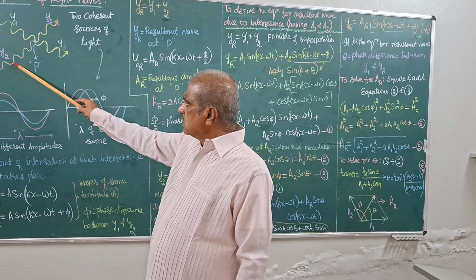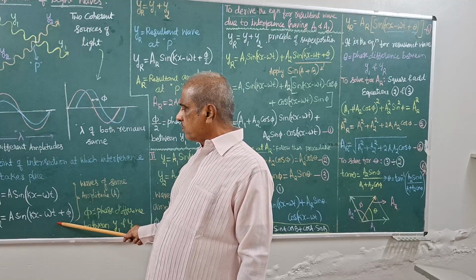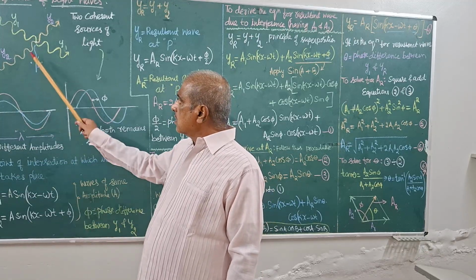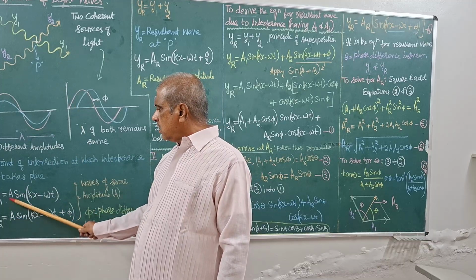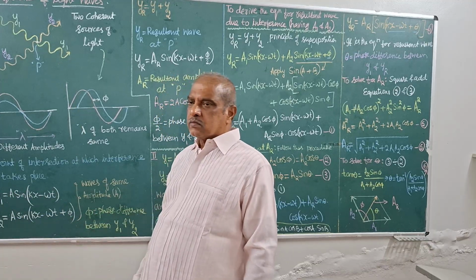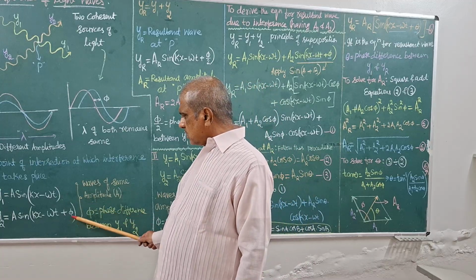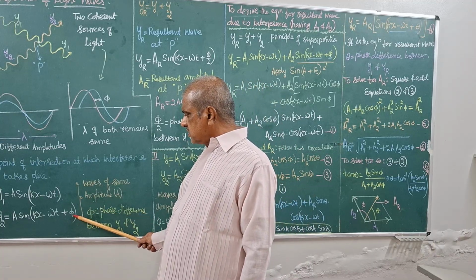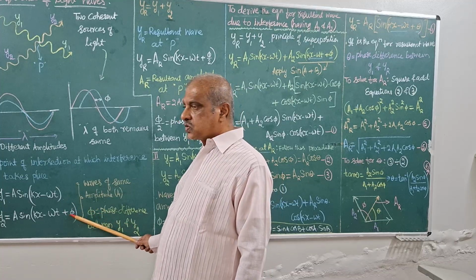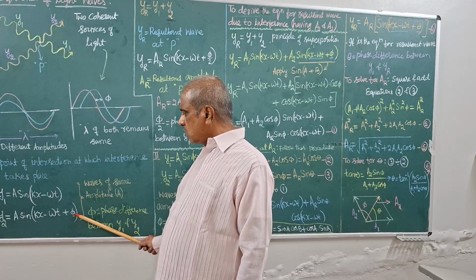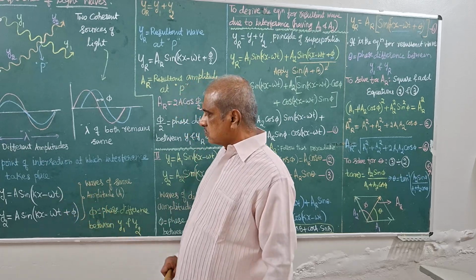The other wave function is given by this equation, the same sinusoidal wave, and assume that they have the same amplitude A, and among them there is a constant phase difference. Then they are coherent sources, where the phase difference may be 0 or some value. They become coherent.